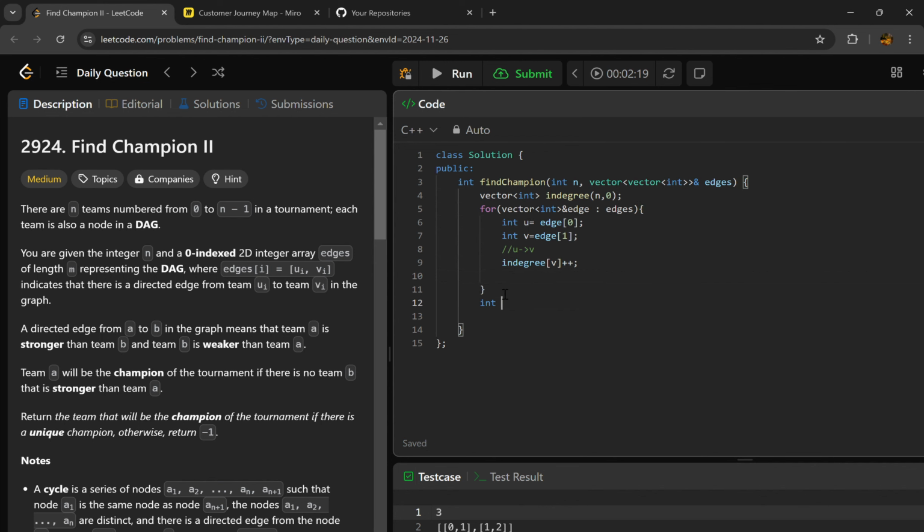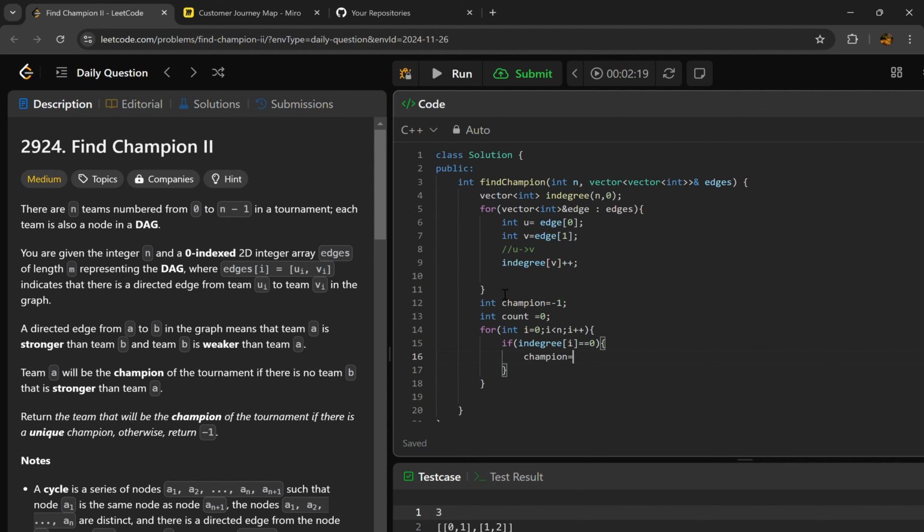Now we have to take a variable named champion, initialize it with -1, and take a variable count also. For int i equals 0, i less than n, and i plus plus. And if in degree of i is equal to 0, in that case that means our node is a champion node.